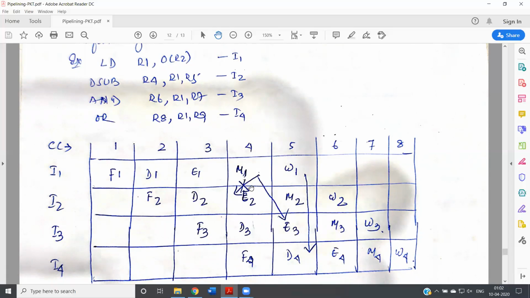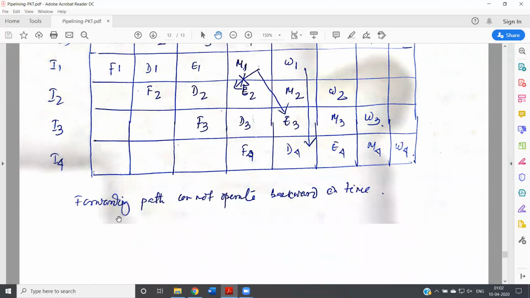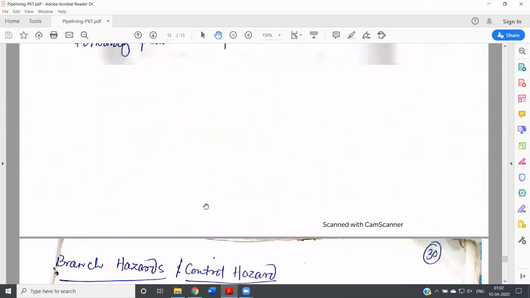Data can only be forwarded from when it is available. That means if it is available in clock cycle 4, it can be forwarded to clock cycle 5. But if the data is there in the 4th clock cycle, it cannot be forwarded to the 4th clock cycle itself. So therefore, data cannot be forwarded into this execution stage. So forwarding path cannot operate backward in time.